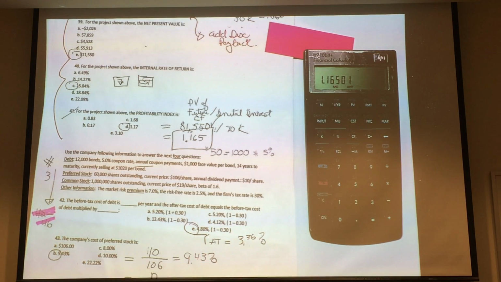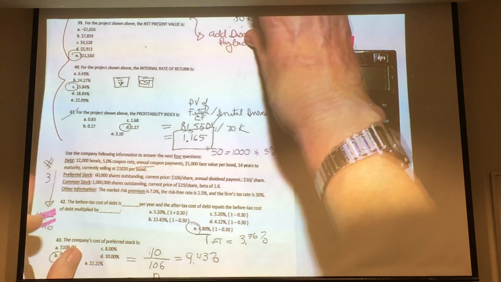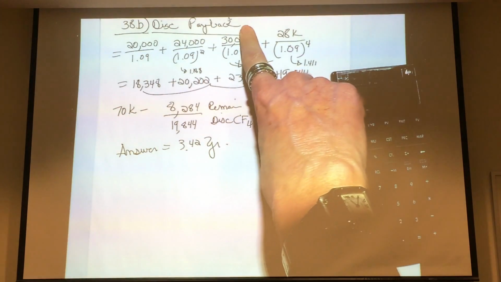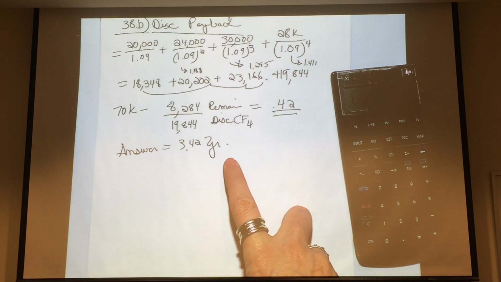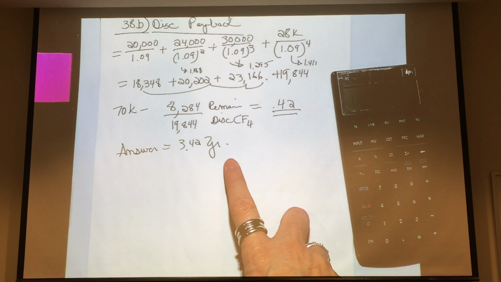The 3.42 that you got, what did you do with it? The other page where you got 3.42, what was that for? This is the discounted payback method. But it wasn't part of the question, right? No, it is. If I'm asking you, what's the discounted payback period?